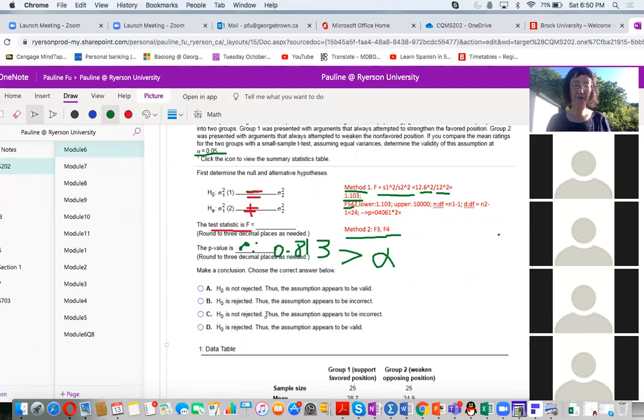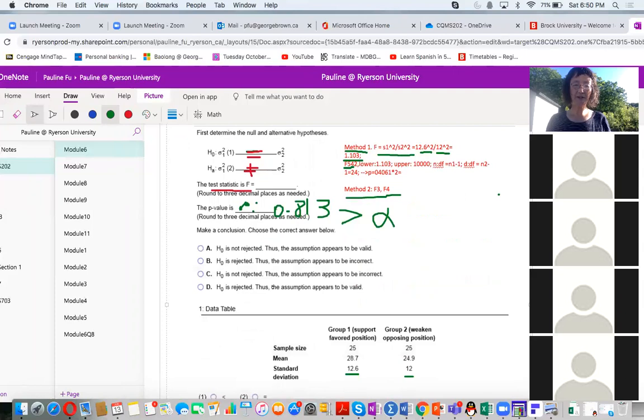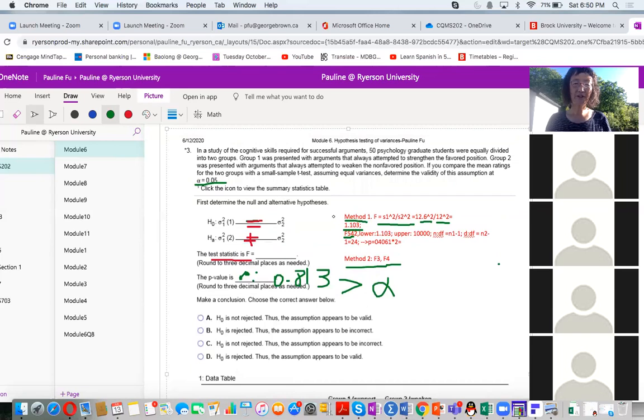So A, B, C, D, which one do we select? We select the one that says H0 not rejected, either A or C. A says the assumption appears to be valid. And C says the assumption appears to be incorrect. So which one do we choose?